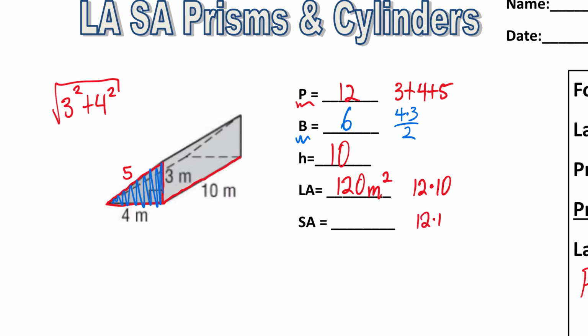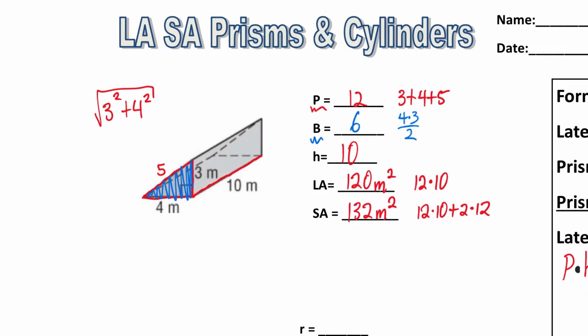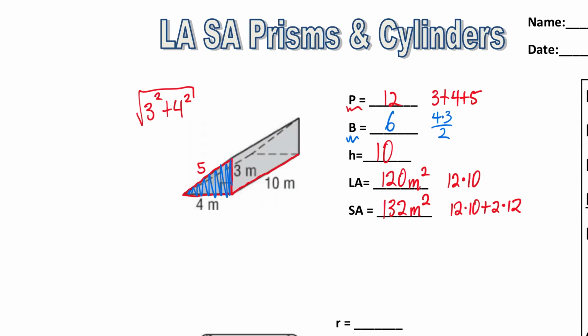Total is PH plus 2B. And that's what? 132. Or, no, what is it?